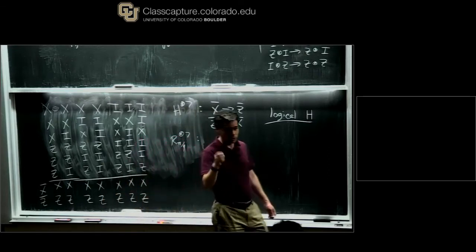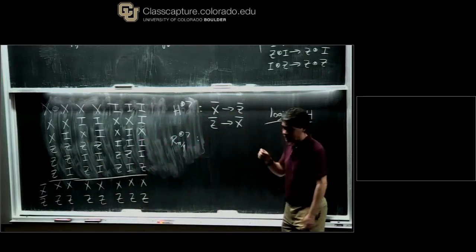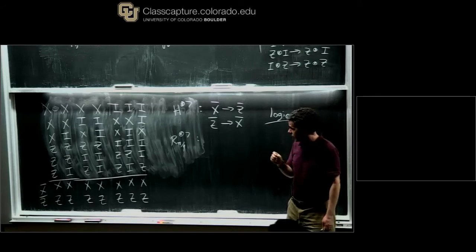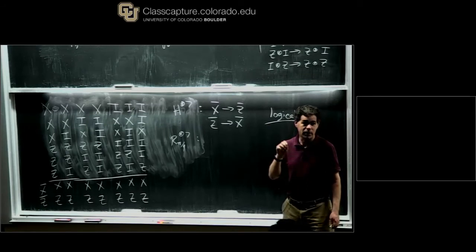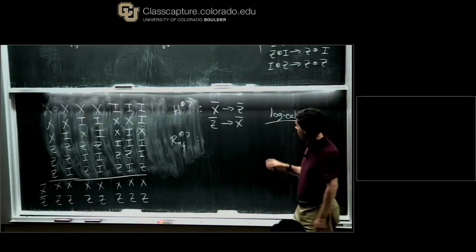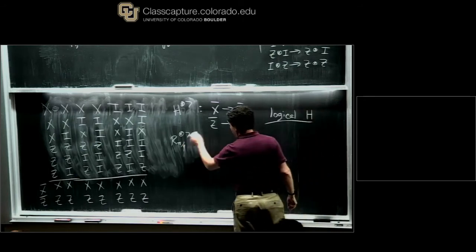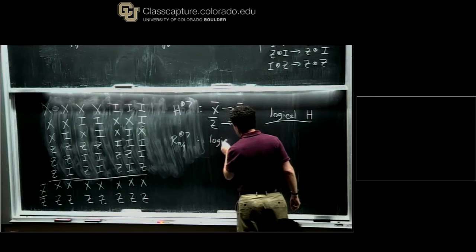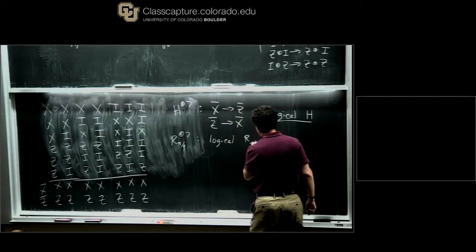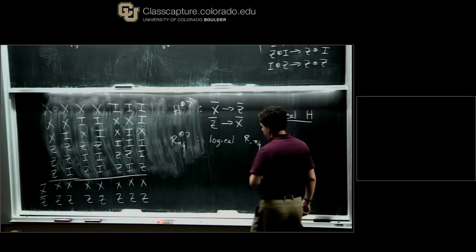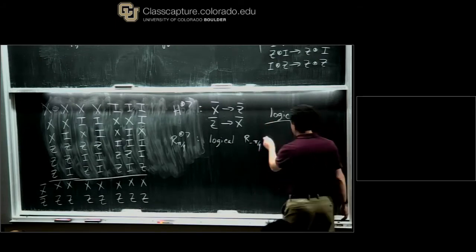And so when you work that out, that means that we're not actually taking x to y, we're taking x to minus y. And so our pi over 4 doesn't do the logical pi over 4, it does the logical minus pi over 4. Okay, which is pi over 4 dagger.